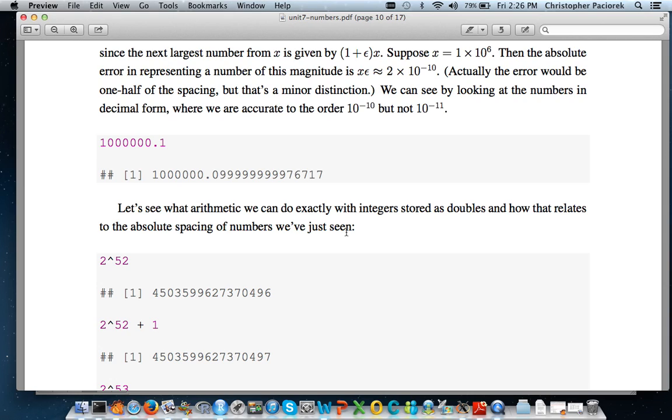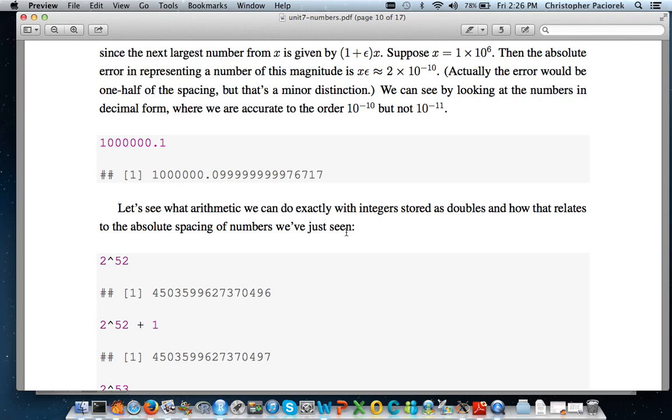This is now representing 1 times 2 to the 52nd plus 1 times 2 to the 51st plus 1 times 2 to the 50th, plus 1 times 2 to the 0. So that's going to be 1 times 2 to the 52nd plus 1 times 2 to the 0, and that should indeed equal 2 to the 53rd minus 1.